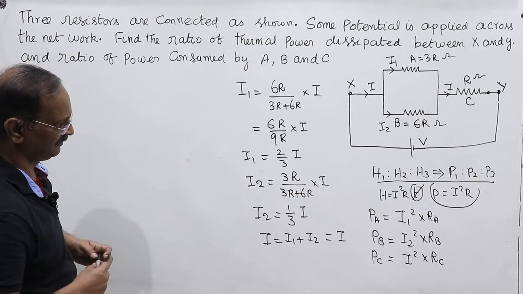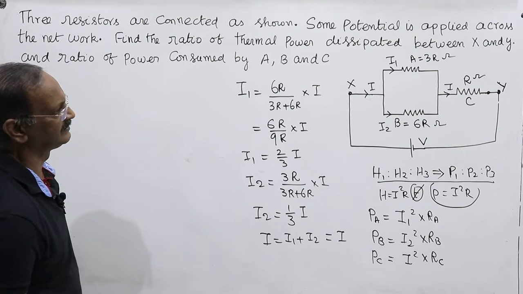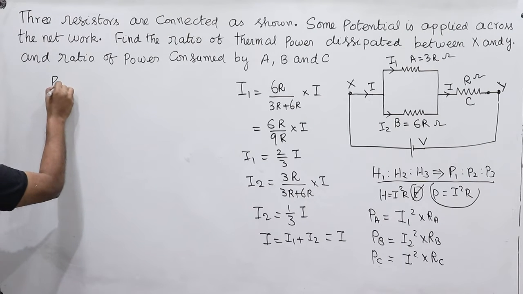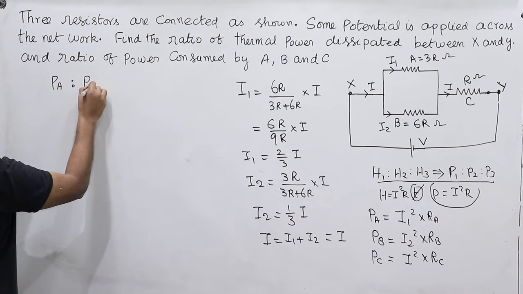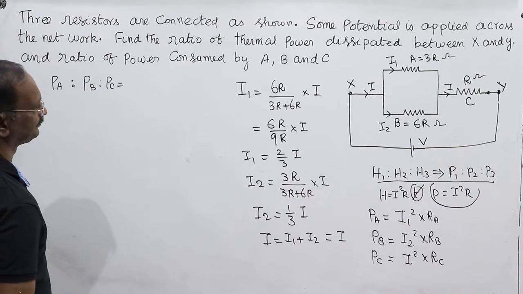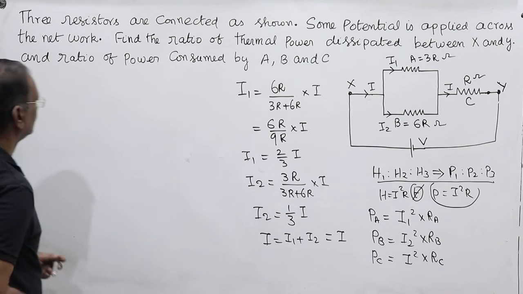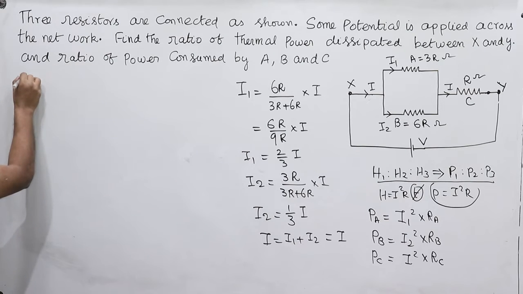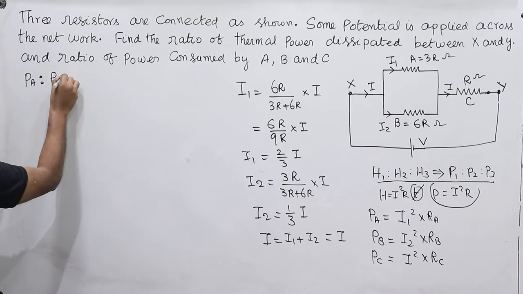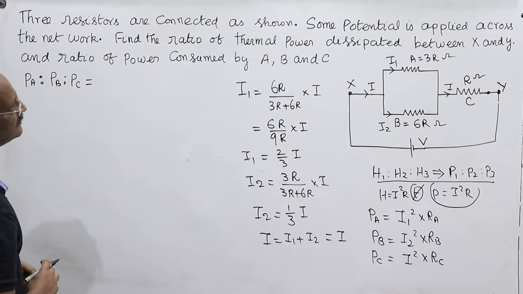Now first we have to write the ratio of power dissipation. Heat dissipation and power dissipation are the same, so we will write power dissipation. Power in A is to power in resistor B is to power in resistor C is equal to what?